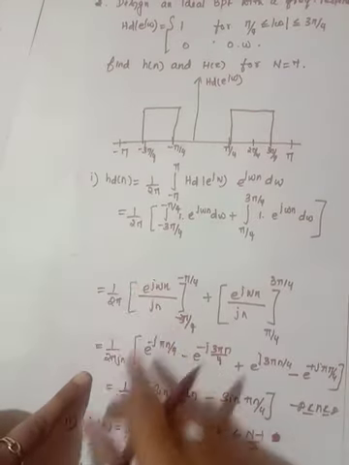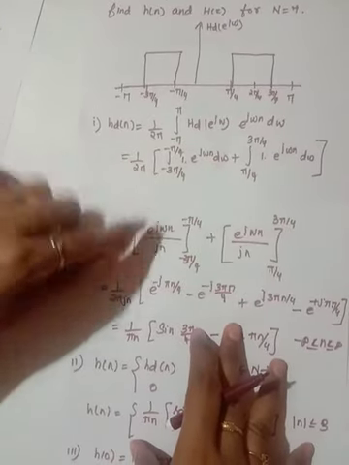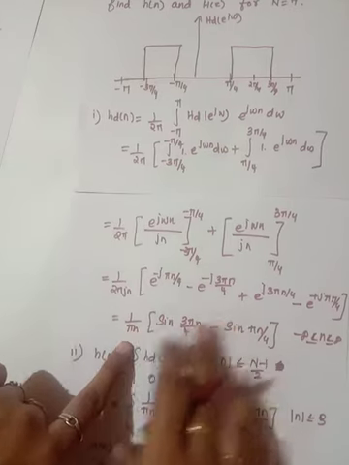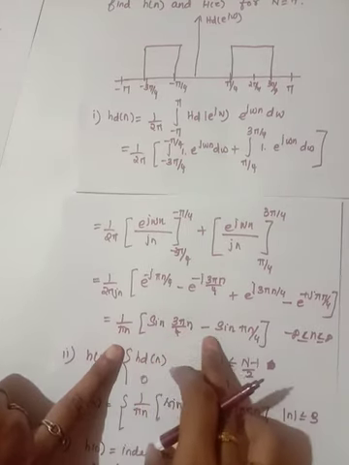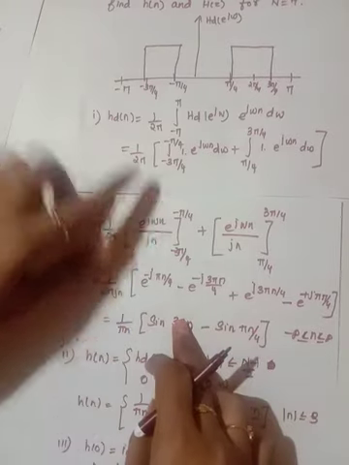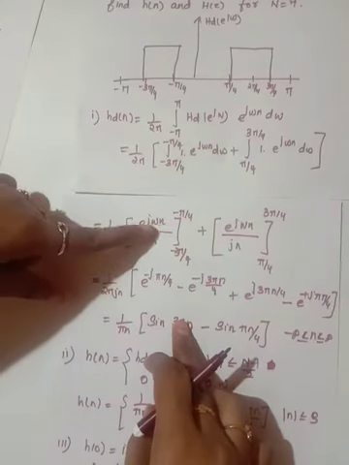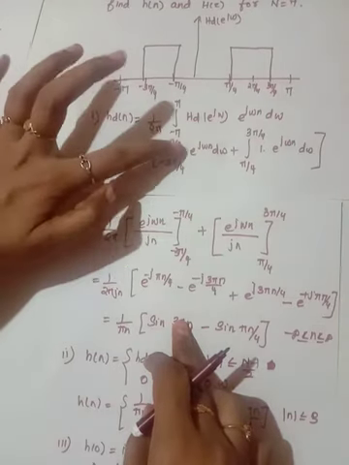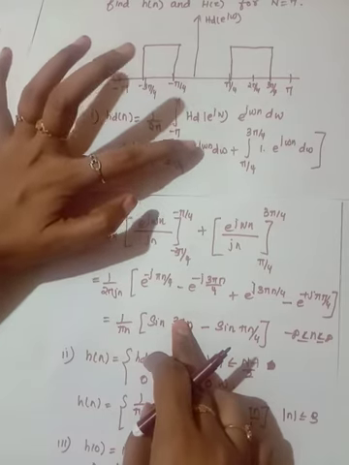I will find this hd of n value by integrating these equations, so that I get 1 by pi n, sine 3 pi n by 4 minus sine pi n by 4. You know how to integrate e power j theta. Here, instead of theta I have omega n.